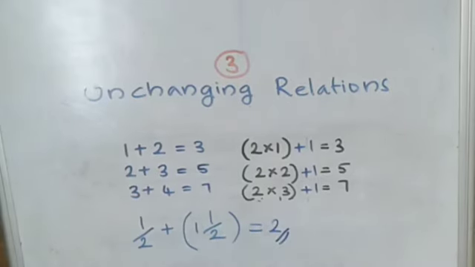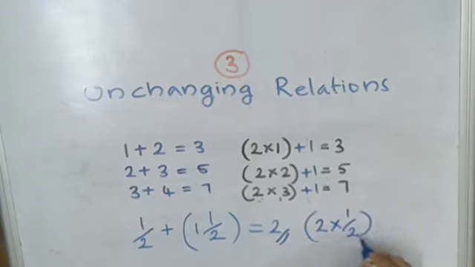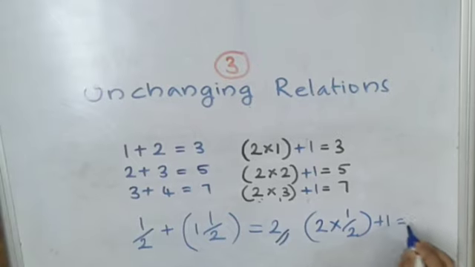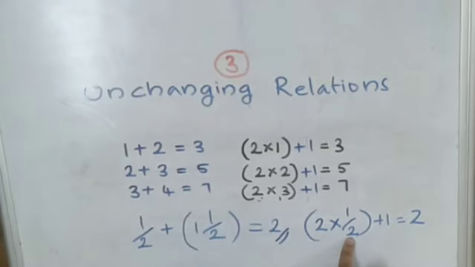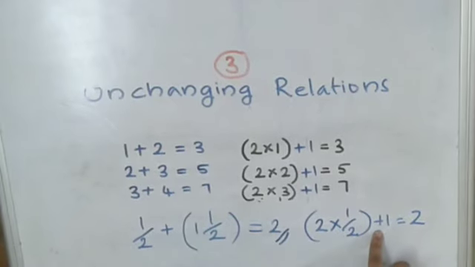Now I am doubling. You can see like this: 2 into half plus 1 is equal to 2. That is, 2 into half is 1, 1 plus 1, 2. Right?